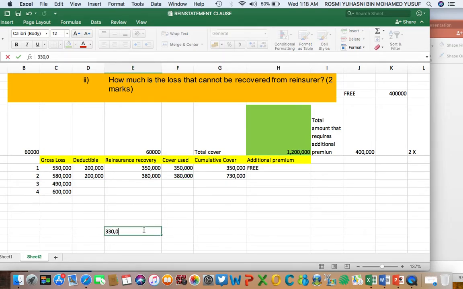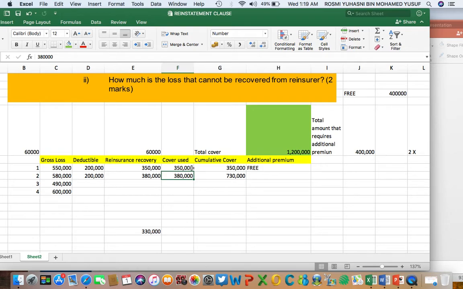330 is the amount that the insurer will have to pay additional premium. Where do you get this 330,000? 380,000 minus 50,000. This 50,000 comes from the first claim because they have another 50,000 that they can reinstate for free.